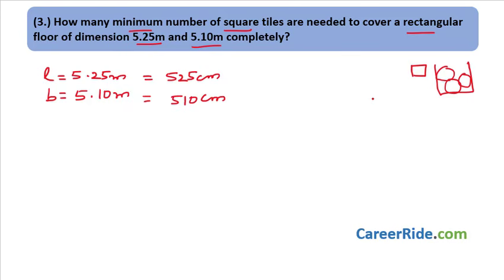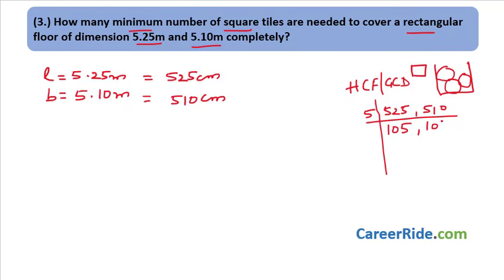Now, how do we find the biggest size possible here? We will try to find the GCD of 525 and 510 here. GCD, also called HCF, is the greatest common divisor. We have learned to find it in the chapter on HCF and LCM. So trying to find it here, this is 105, this is 102, goes by 3.